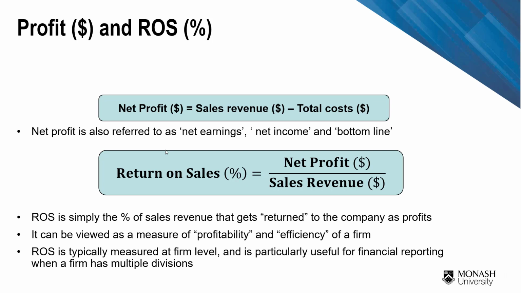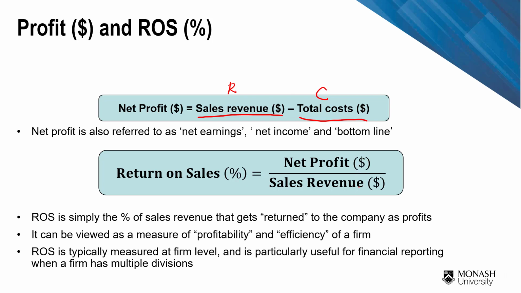Obviously you know that net profit is sales revenue minus costs. Revenue minus cost will give you a profit. Now, the return on sales, which is what we want to know, is the net profit divided by sales revenue.